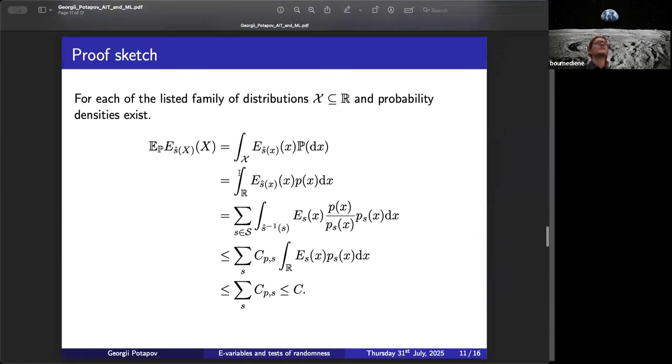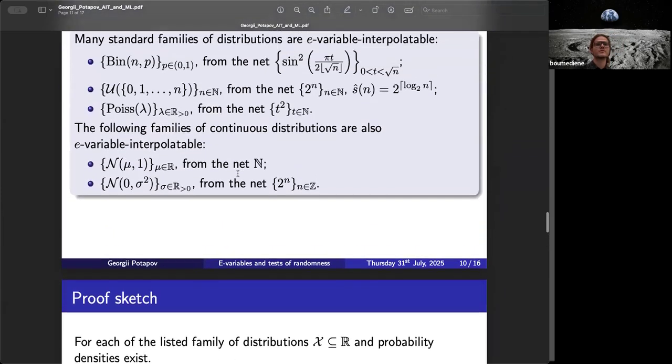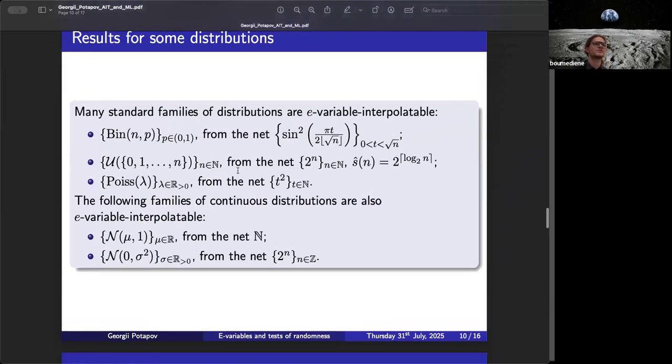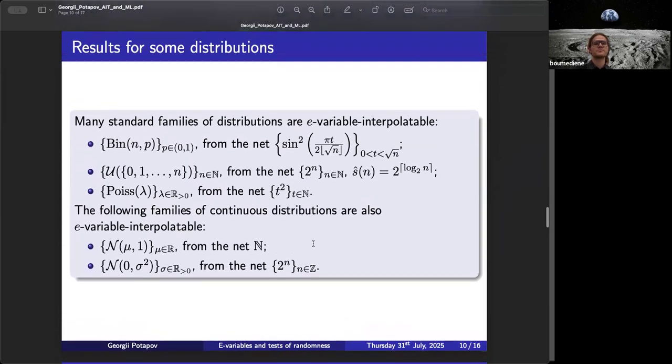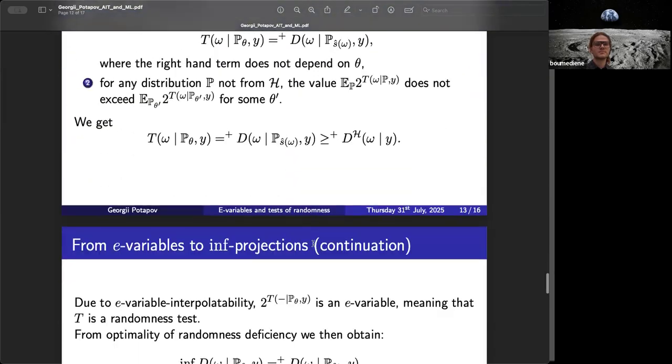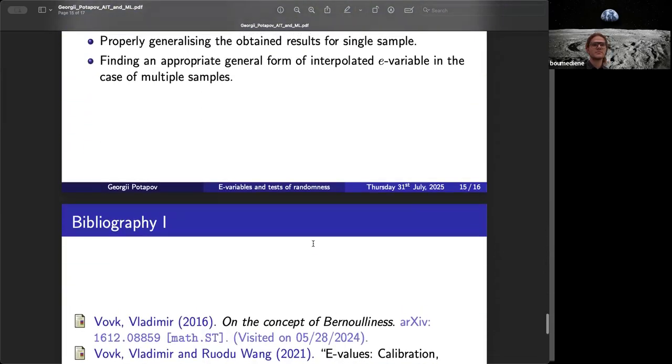I guess they're too bad for practice, but I've computed it for Poisson, and it was around 22.2. So these are not astronomical numbers, but something much closer to what we usually see in real life.